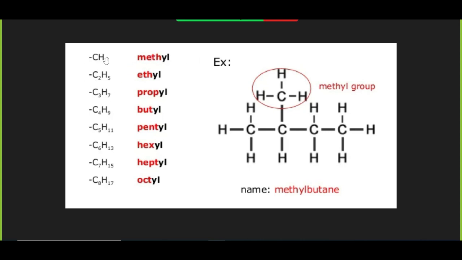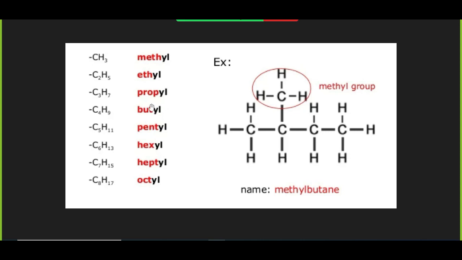Then when we go further, the more carbon we have in the molecule, the name will change, of course. So the name depends on the number of carbon atoms in the molecule. If we have two carbon atoms, then it's eth something, so ethyl in this case. Then propyl if we have three carbons, and four carbons is butyl.